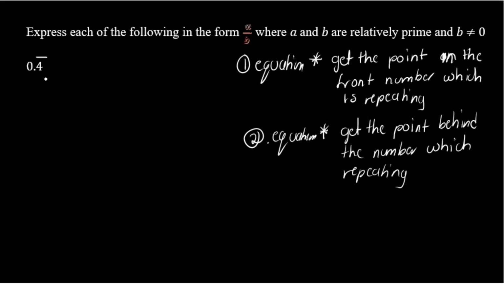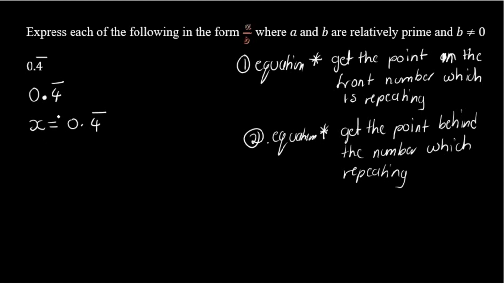Now, we have been given this question, which is 0.4 then prime. Now let's check out the point here. Where is this point? It is in front of a number that is repeating already. So if the point is in front of the number that is repeating, this means the first equation will be x equal to 0.4 then prime.